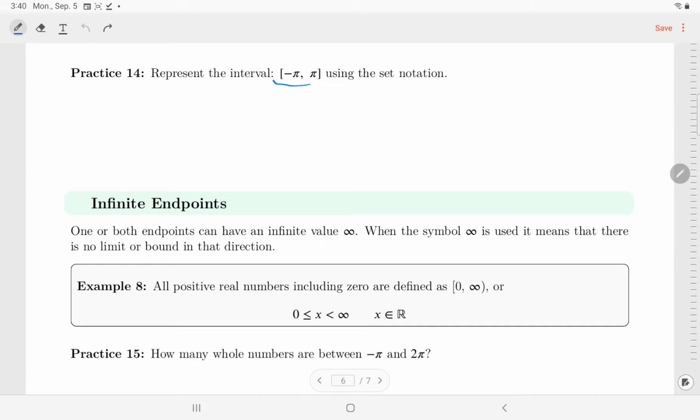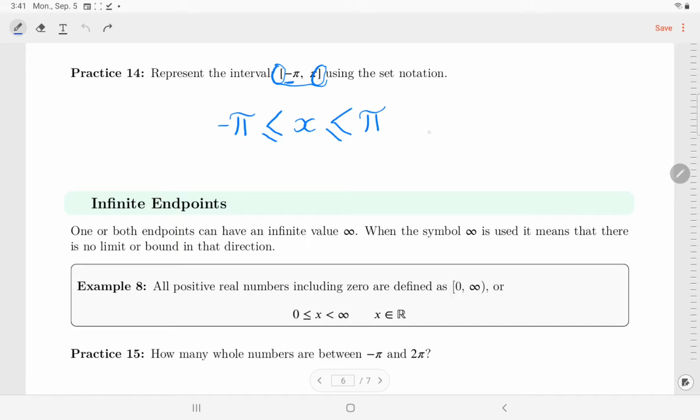Represent the interval using the set notation. All right, so we're using the greater, lesser signs. The x is greater than, but also, since these are square brackets, it's equal to -pi, and x is less than, but also equal to, because again we have square brackets, +pi.